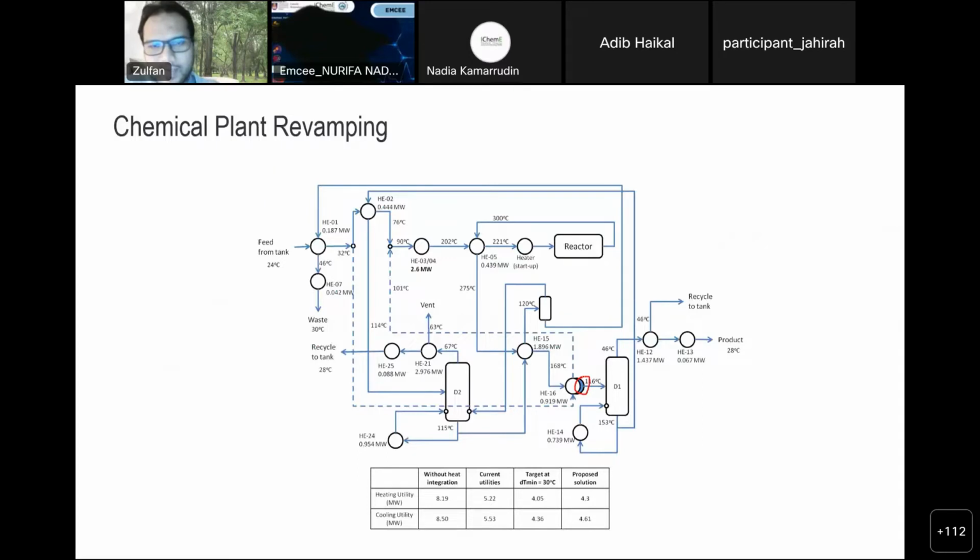In that sense we can reduce the amount of energy, because if you double the capacity of the plant, typically we will also increase the energy requirement by double or even more. So in this case, we can reduce the amount of energy required to less than double the energy.